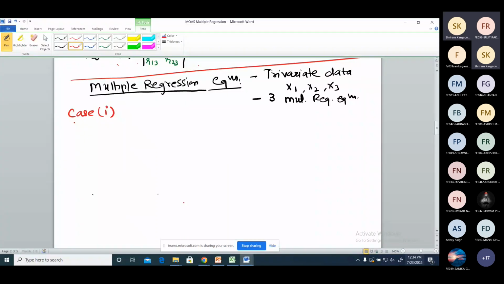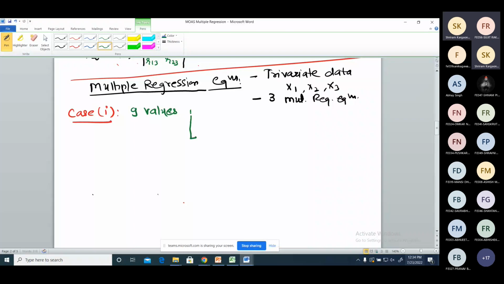I will explain in a very different way, in the way which you will understand better, and you will be able to solve the numericals easily. Now, in case one, you are given the 9 values. First, you observe in the question what is given in the data.